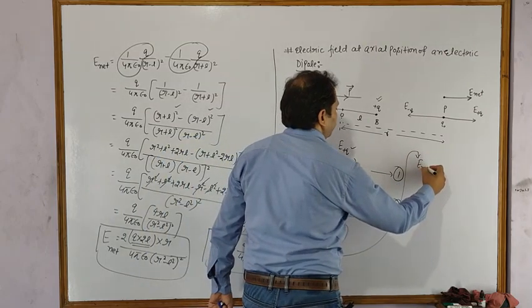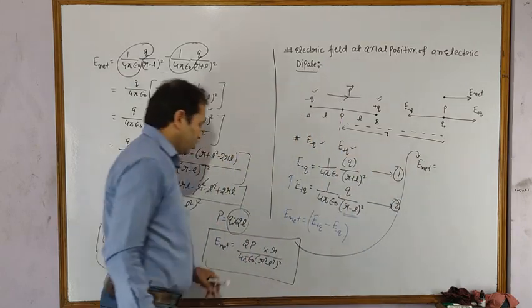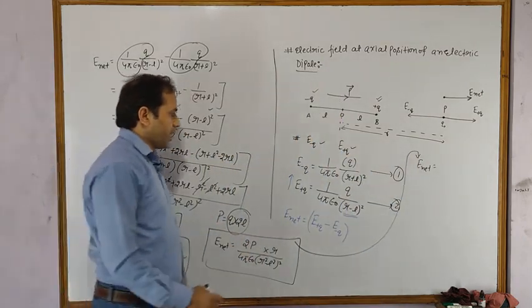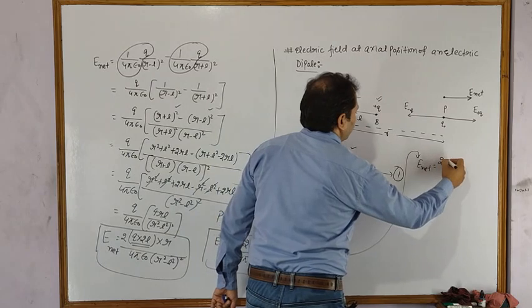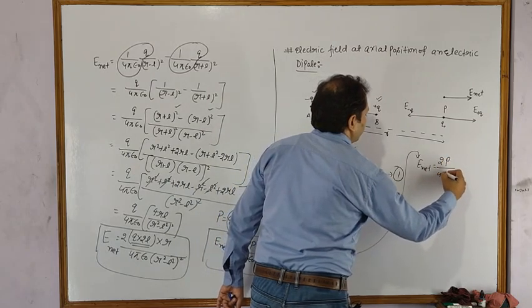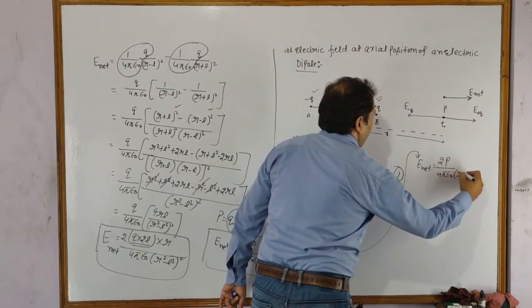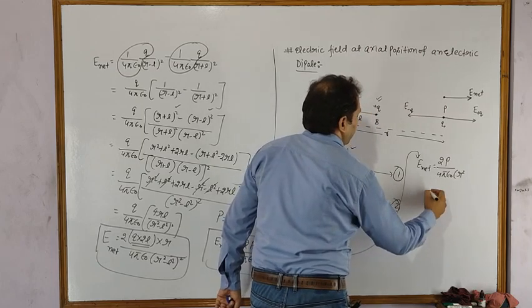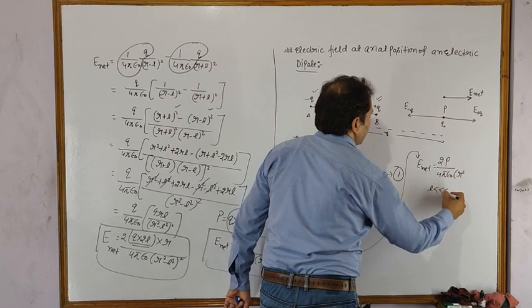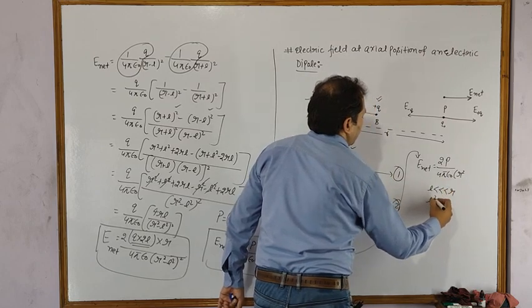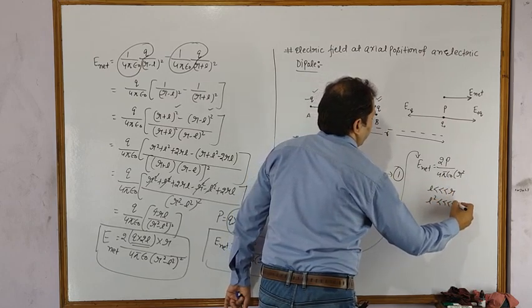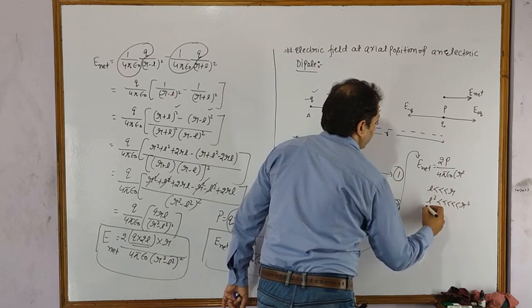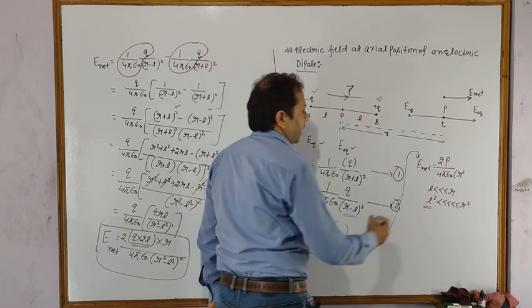E net will be equal to 2P upon 4 pi epsilon naught R square. As you already know that L is very much less than R, L square will be very much less than R square, so L square can be neglected.